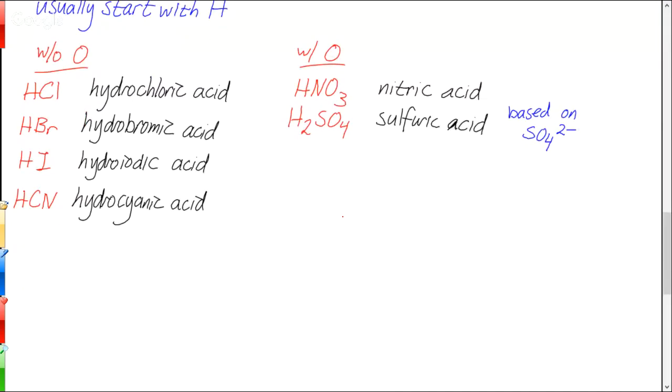All right, try this one. Phosphoric acid. So use the same technique. Think about what ion it is based on, and then how many hydrogens you have to put in there to balance it out and make it neutral.